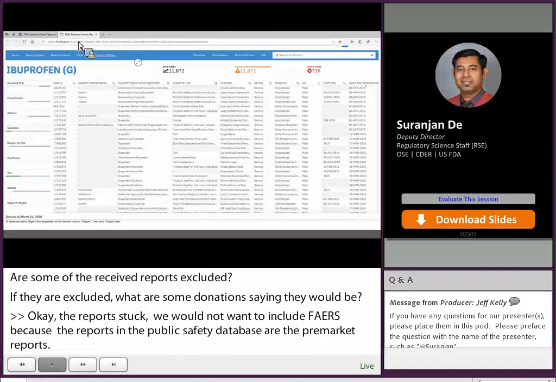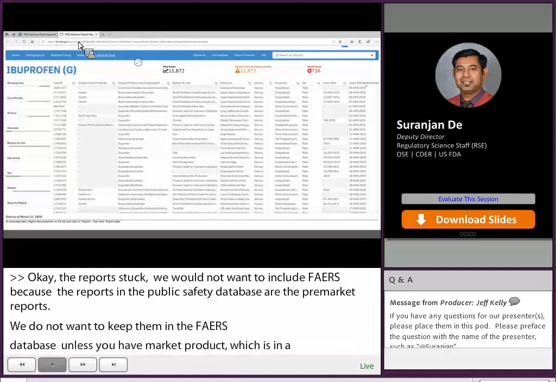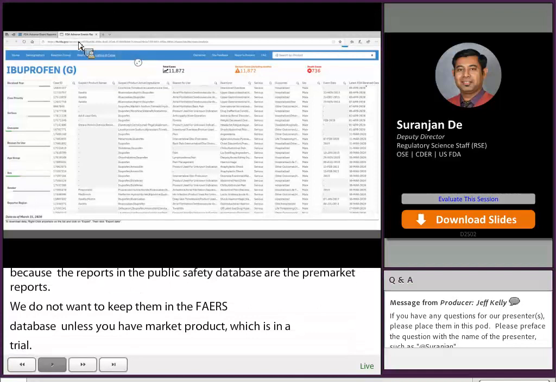But other than that, any kind of pre-market safety reports, we do not want. We do get foreign reports. There is no restriction to that, and of course all the domestic reports for all the products that are marketed in the United States are to be submitted and are available in the FAERS database.